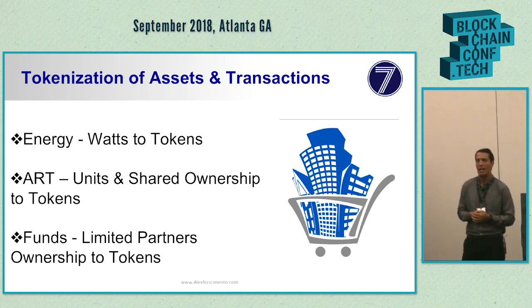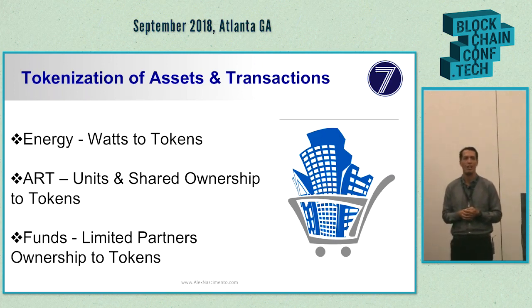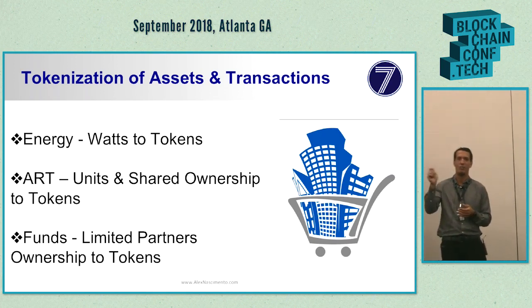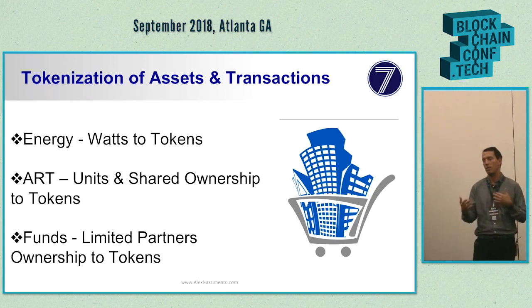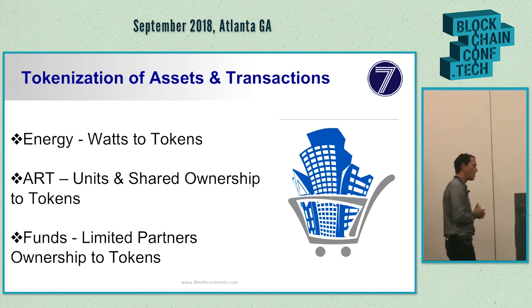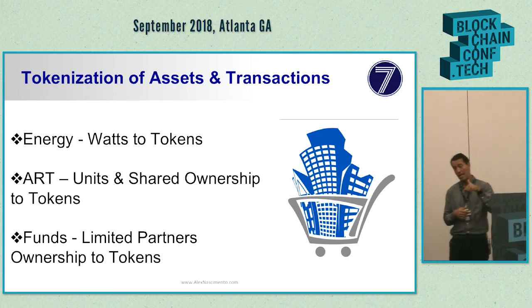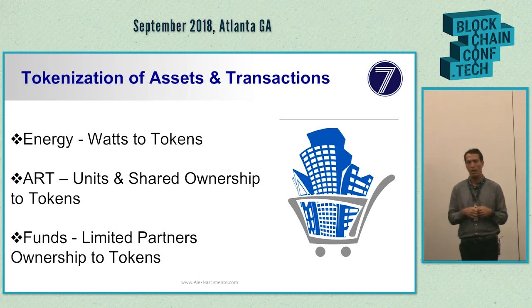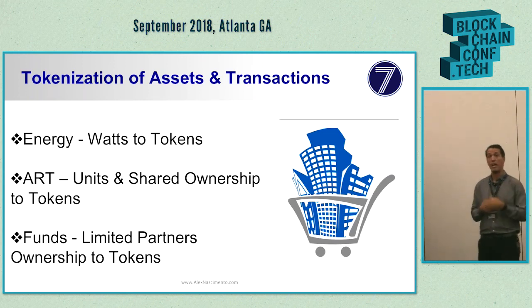But try to get an LP position at Sequoia. You can't knock on their door and say, hey, can you let me in with my $100 bill? No, there is a minimum. You are going to have to be accredited. There's not enough allocation. And if you get in, most likely you're going to have redemption, lockups, where they don't want you to get out.